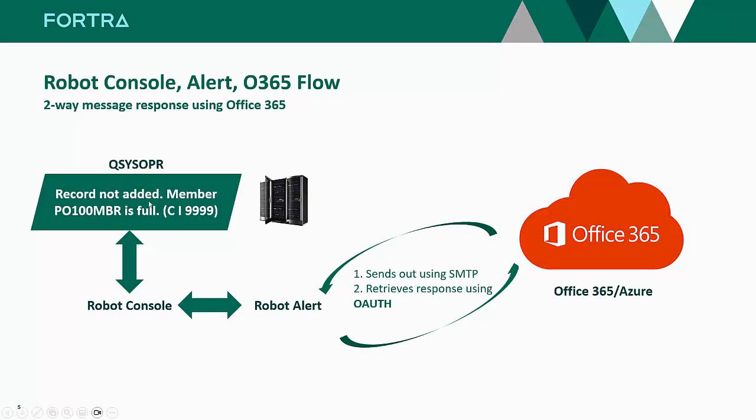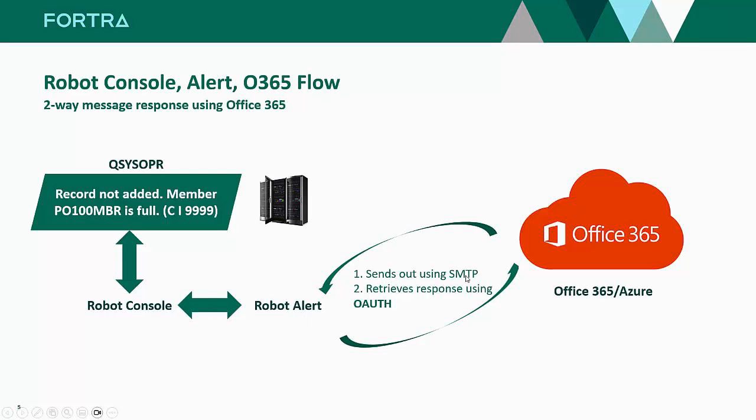Let's just pretend that you've received a message in the QSYSOPR message queue, and it requires a reply, a C, an I, or a number. What happens is Robot Console intercepts that message. If there are no rules for automating that message, it then will hand off the message to Robot Alert.